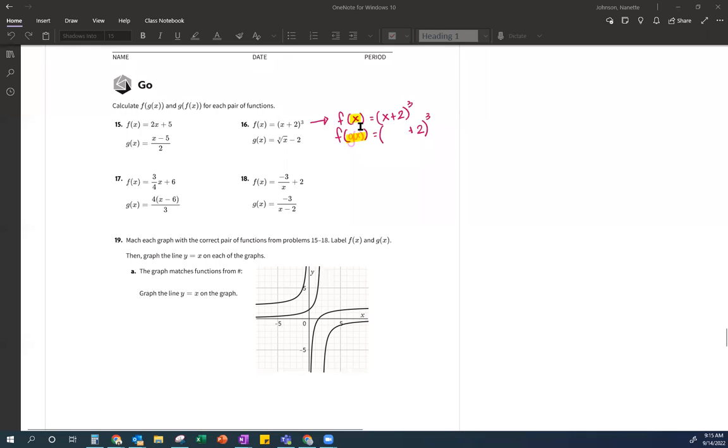I did, because instead of putting that x there, I'm going to put g of x instead. And I'm going to use g of x's function, the actual what-it-does function, and put that in there instead. So I'm going to put the cube root of x minus 2.